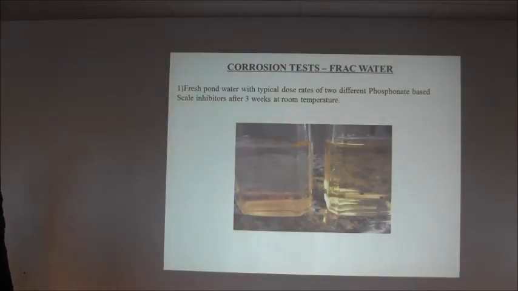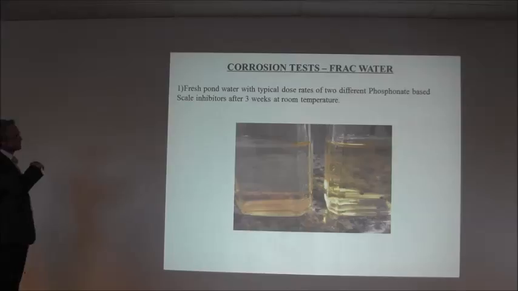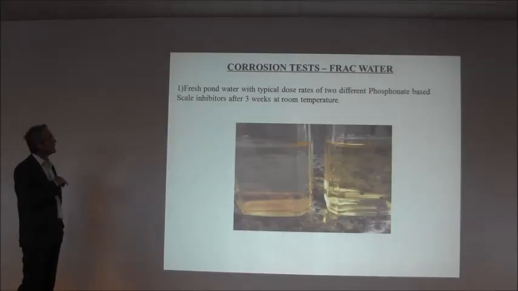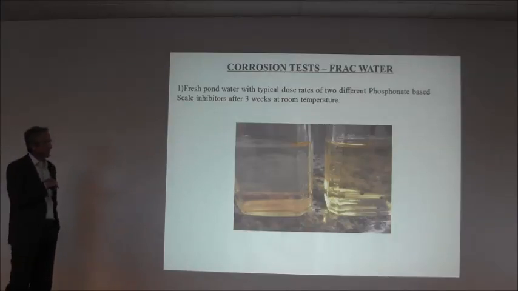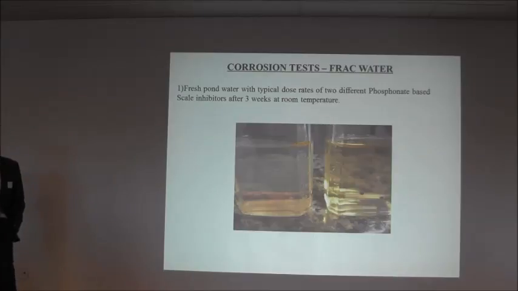So just some examples of how corrosive fresh water can be. The picture turned out okay, but these two pieces of steel, these coupon holders, were identical, and they were put in fresh pond water, just with two different phosphonate-style corrosion inhibitors. And you can see the effect of just, again, fresh water after 3 weeks sitting there stagnant at room temperature.